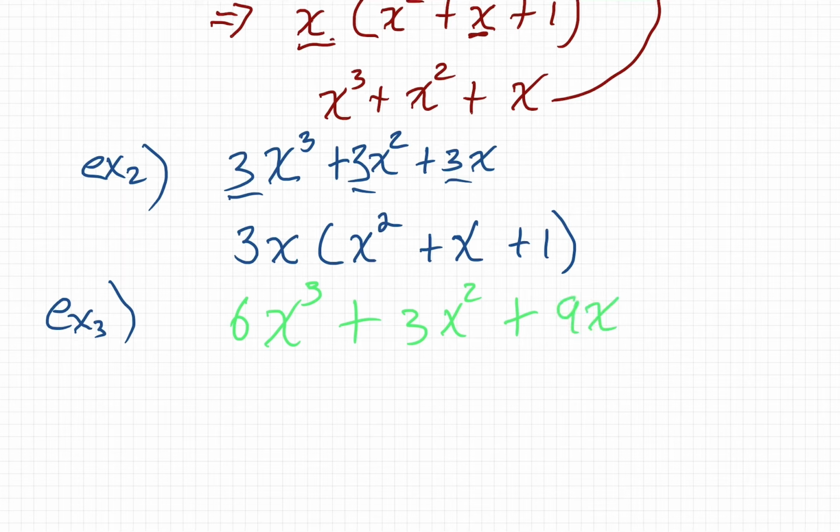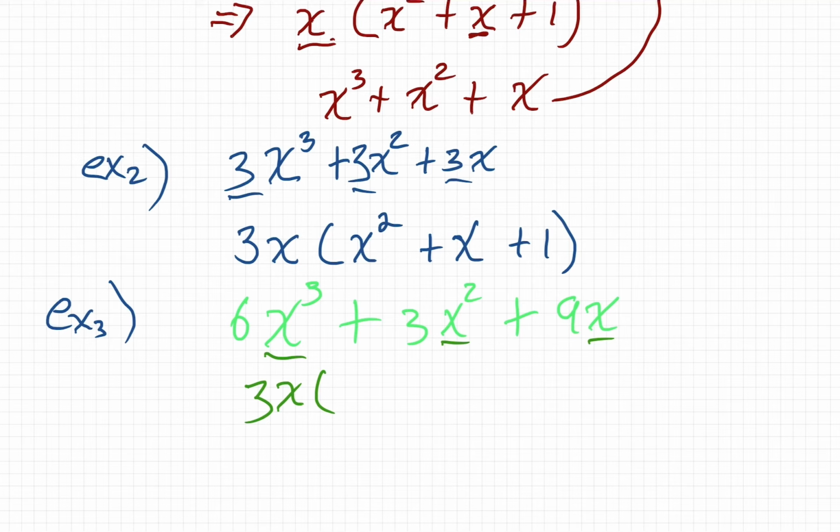Here what we're going to do for this guy is notice what it is that they have in common. Well, for one, all of them have an x, so we can factor out an x. What's the other thing they have in common? If you notice, they're multiples of 3, which means we can take a 3 out of each term, right? So then we have 3x.